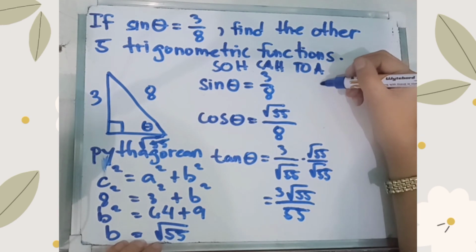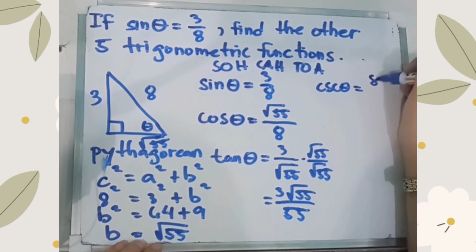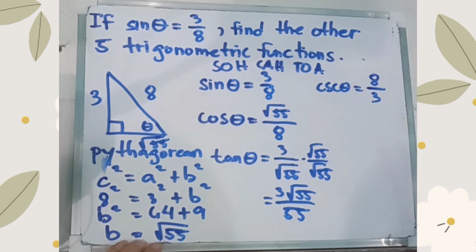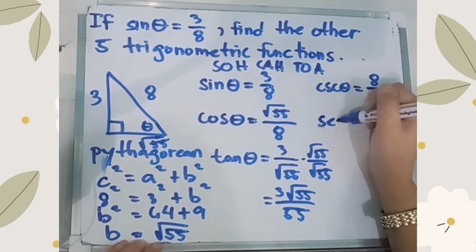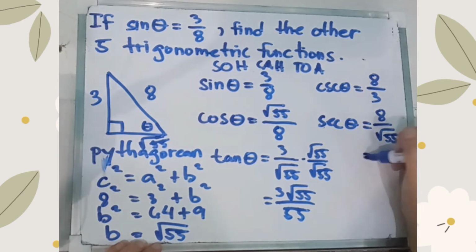Now, proceeding to the reciprocals. Cosecant theta is the reciprocal of sine theta. That is 8 over 3. Secant theta, the reciprocal of cosine theta, is 8 over square root of 55. Again, we cannot have a radical in our denominator, so we need to rationalize.